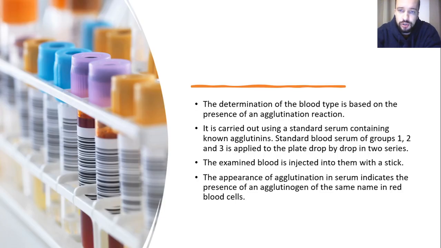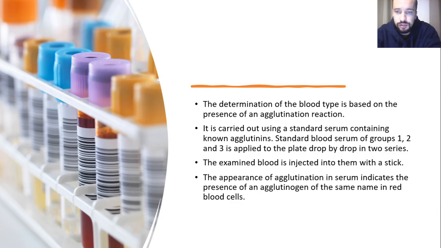The determination of the blood type is based on the agglutination reaction. It is carried out using a standard serum containing known agglutinins, or as we call them now, antibodies. Standard blood serum of groups 1, 2, and 3 is applied to the plate drop by drop in two series. The examined blood is injected into them with a stick.